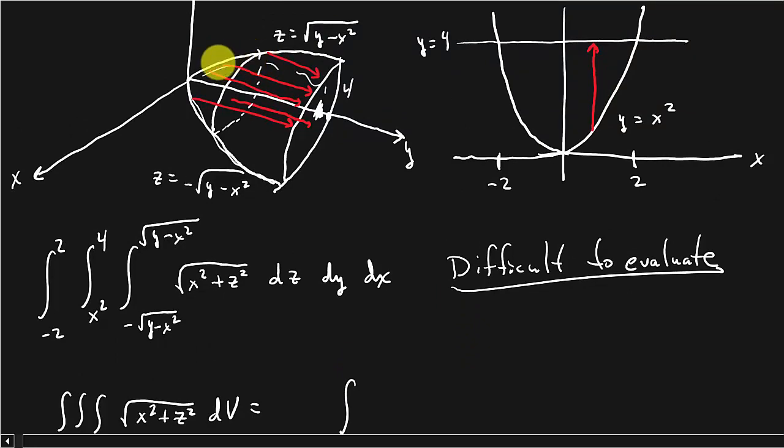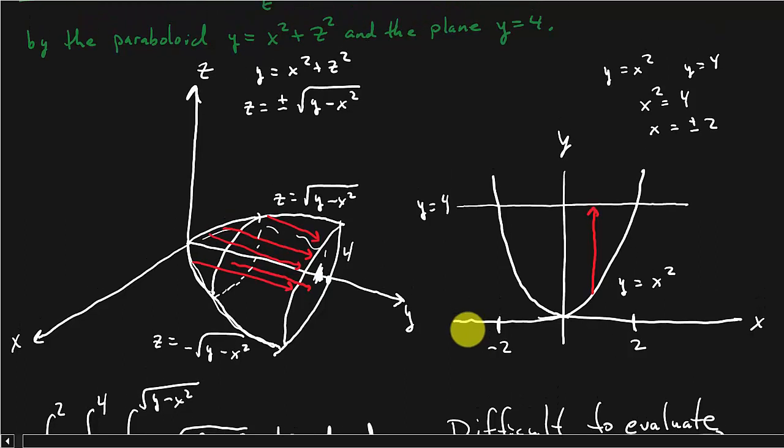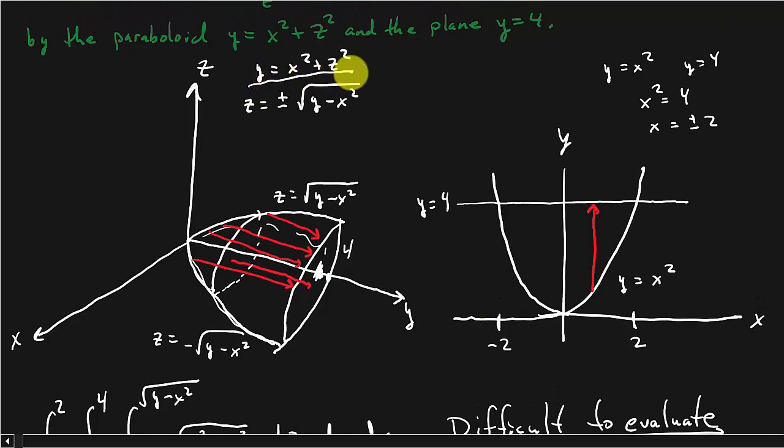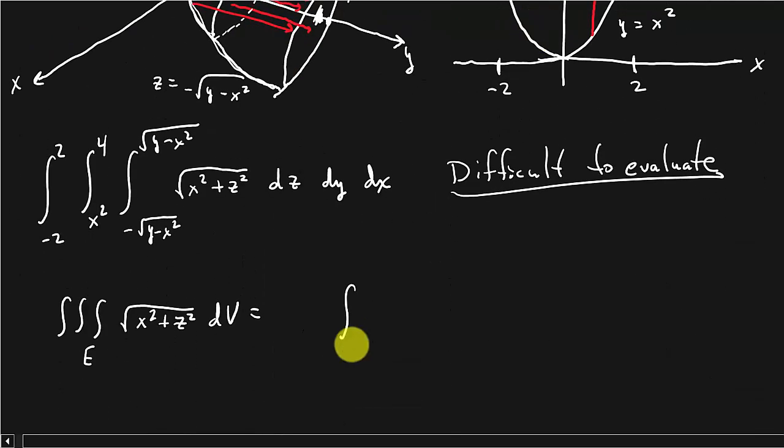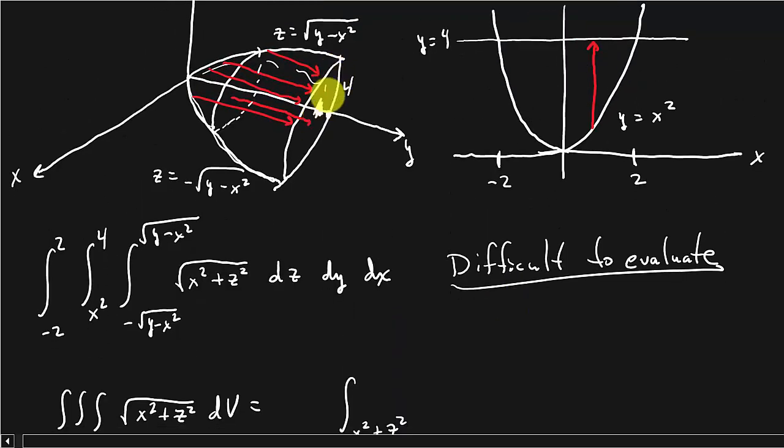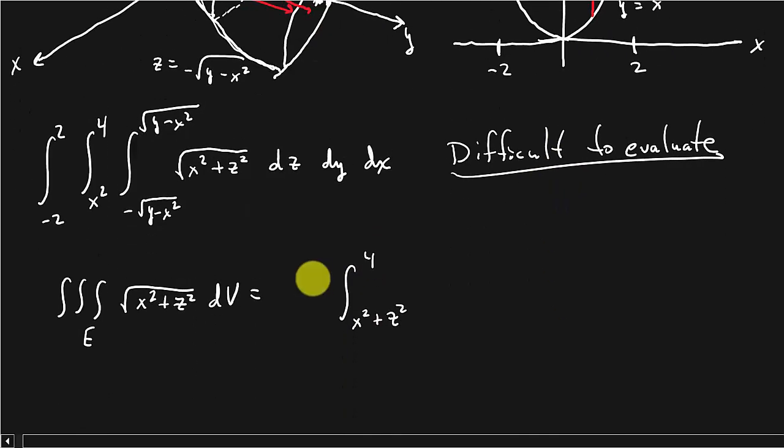What's the equation of this right here? Well, that's y equals x squared plus z squared, right? That's what I'm going from, y equals x squared plus z squared, all the way to where y is equal to 4.